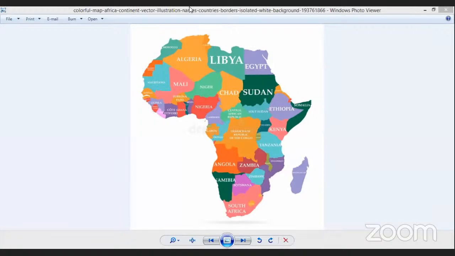You can easily see this map that has been displayed on our screen. So we have this type of vegetation around mountainous areas.